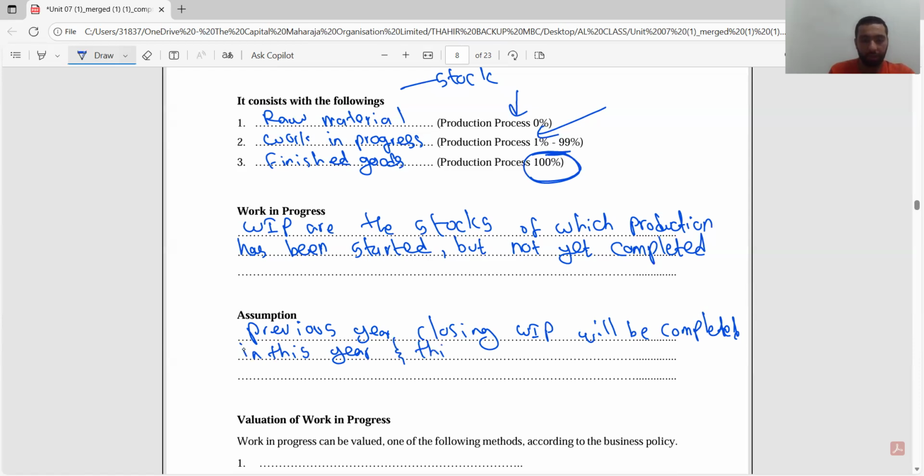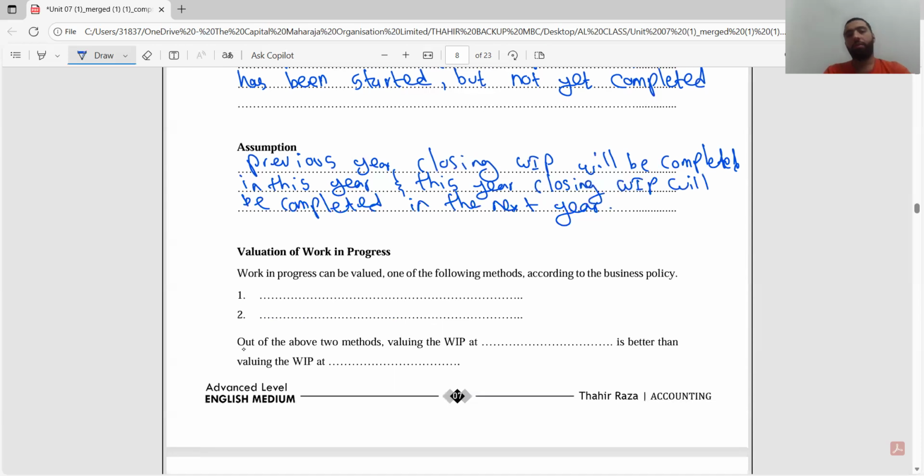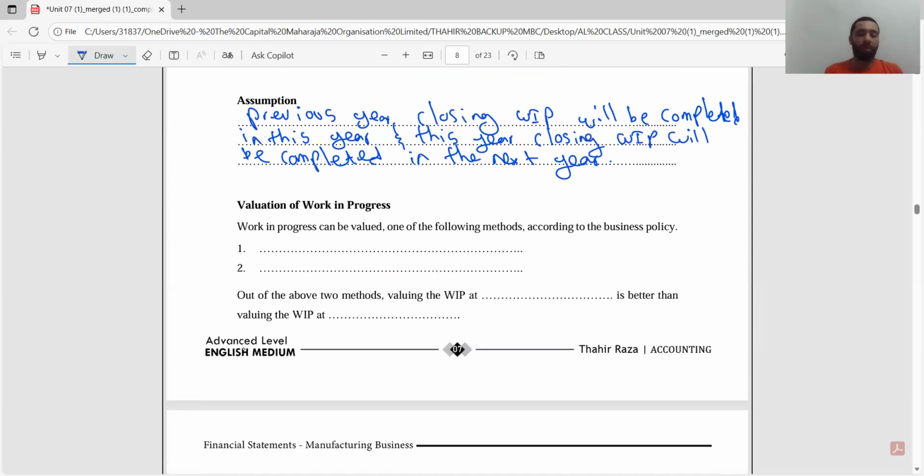And this year closing WIP will be completed in the next year. Right? Just write it down. We will be discussing this in detail in the future. Okay.